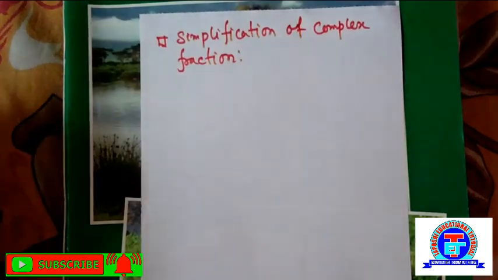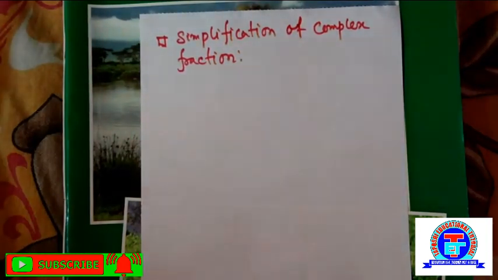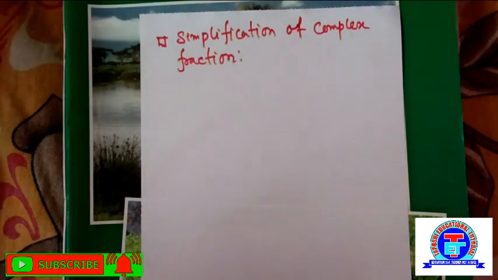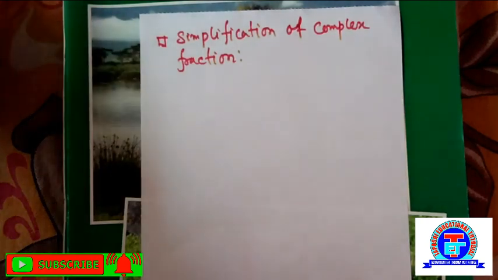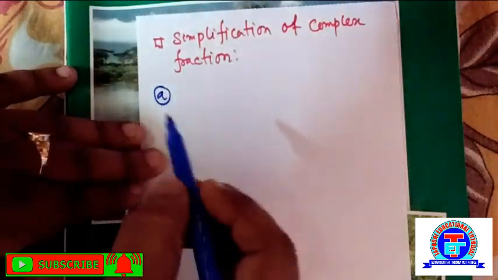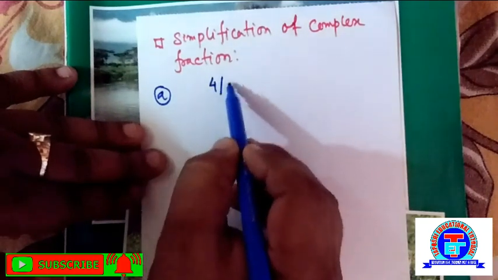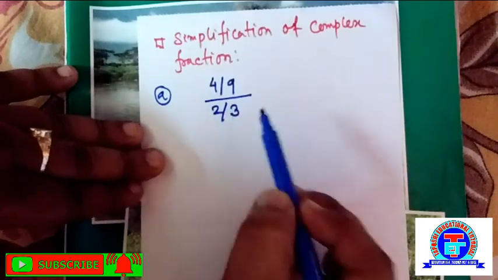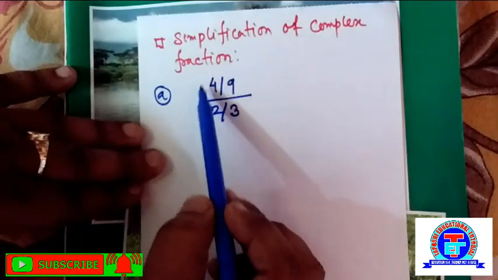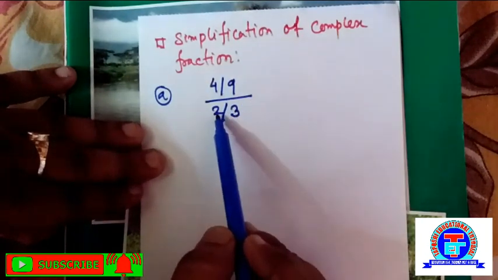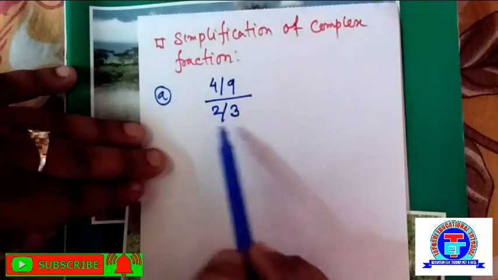Now my dear student, here we learn simplification of complex fraction, okay. That means the simplifying a complex fraction is similar to divide of the fraction, right? So here we understand by the given example. Suppose here given number 1 or A, 4 by 9 divided by 2 by 3. That means here the two fraction, the numerator fraction is 4 by 9 and denominator fraction is 2 by 3. It is the complex fraction.